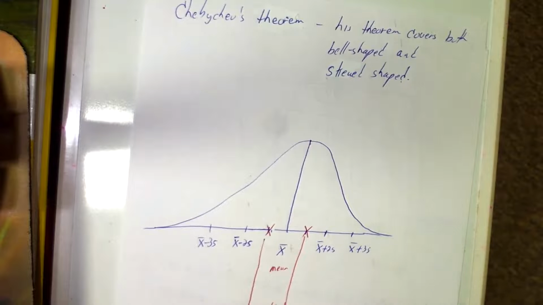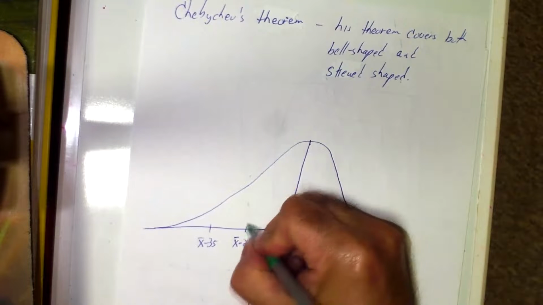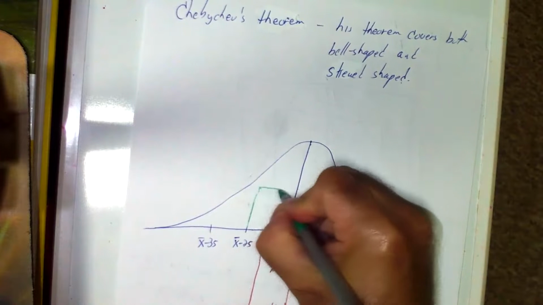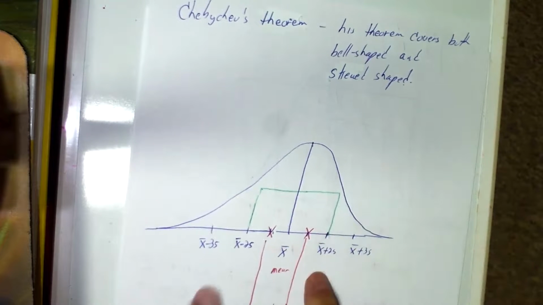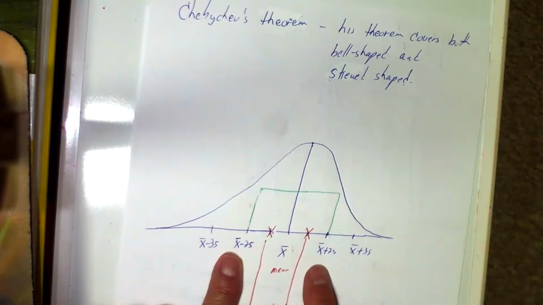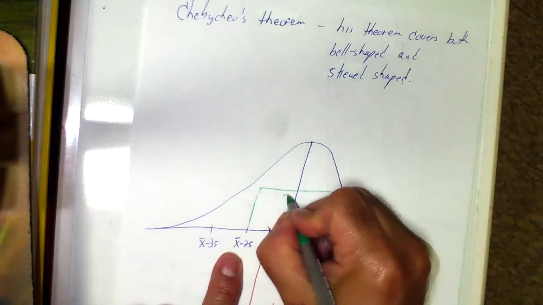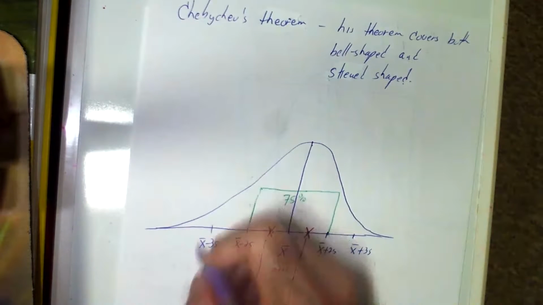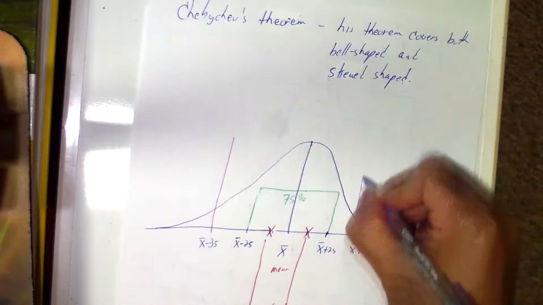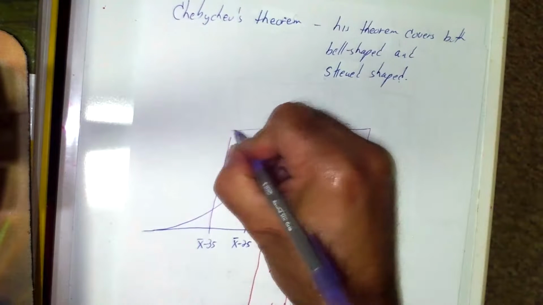In addition to that change, he also believes that the percentage of the amount of data plotted is different. He believes that the amount of data between the 2 standard deviations is 75%. And from 3 away is 89%.